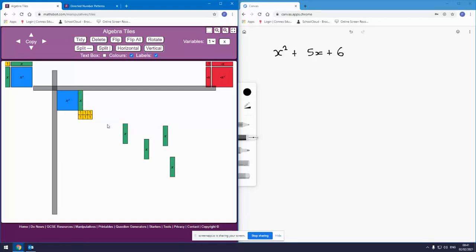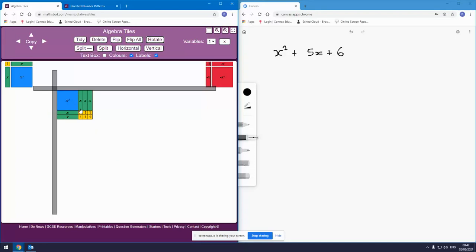We can see that if I have that 6 set up as a 2x3 rectangle, then I can fit my x's. Some of them have to rotate around, but I can fit my x's in there, and now I have a complete rectangle, no gaps, no overlaps.